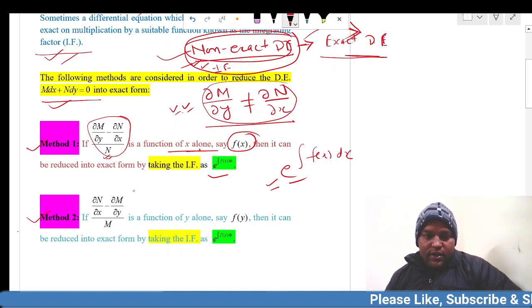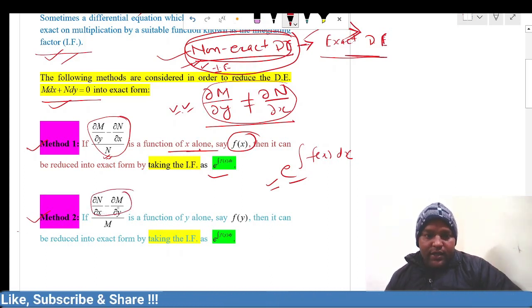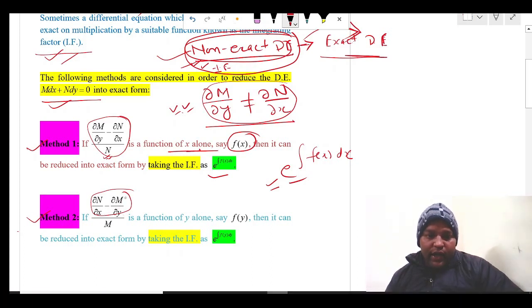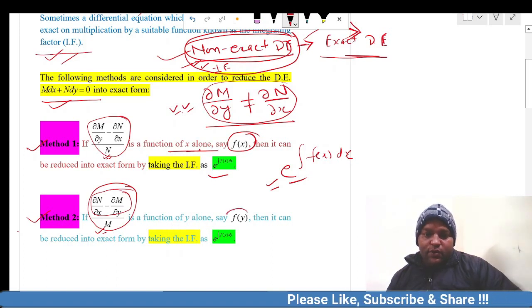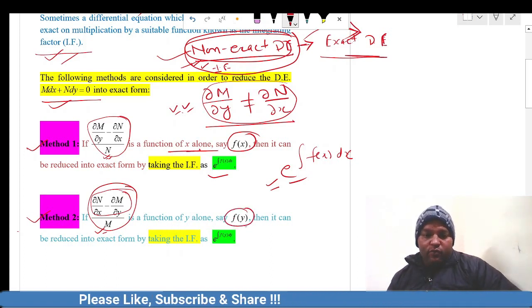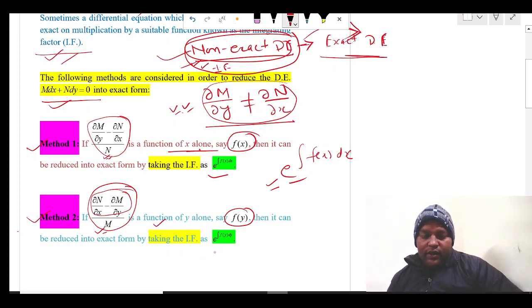And the second rule is that we have to find the difference del N over del x minus del M over del y, and suppose we divide this expression by M, and the resulting expression is obtained as a function of y alone. Suppose this function is treated as f(y). Then in this situation the integrating factor is taken in the form of e raised to the power integration of this function with respect to y.